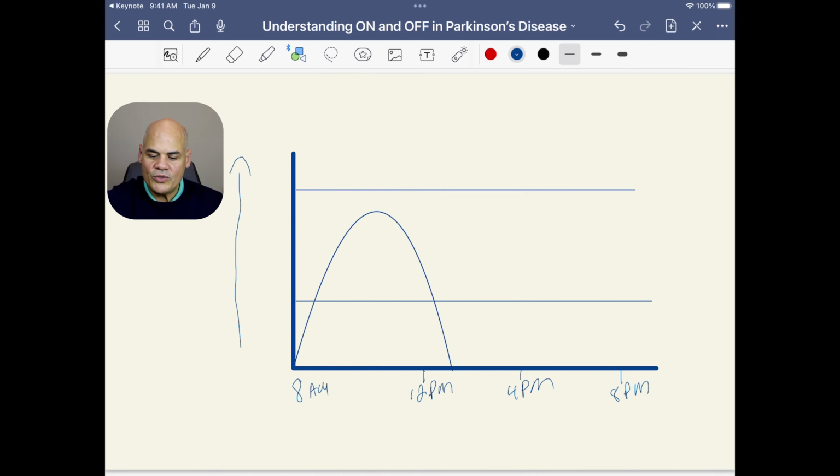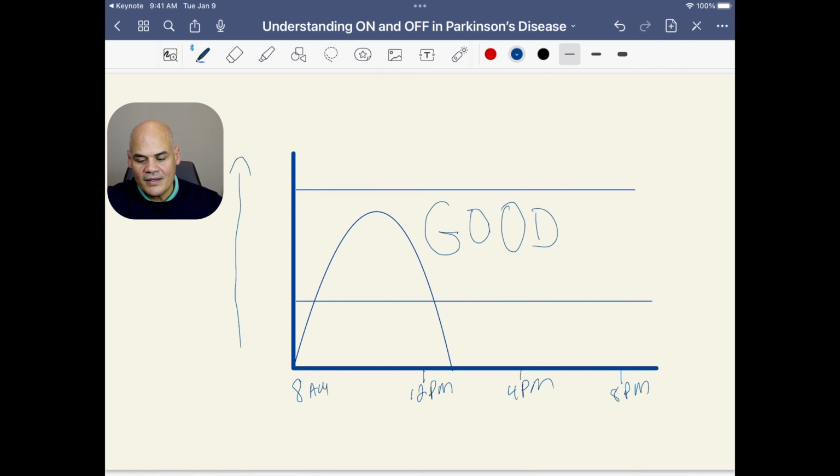So what I want you to understand is that when the medication is here at this level, the patient or the person with Parkinson's will be feeling good, right? This is the level at which people are actually feeling good, right?